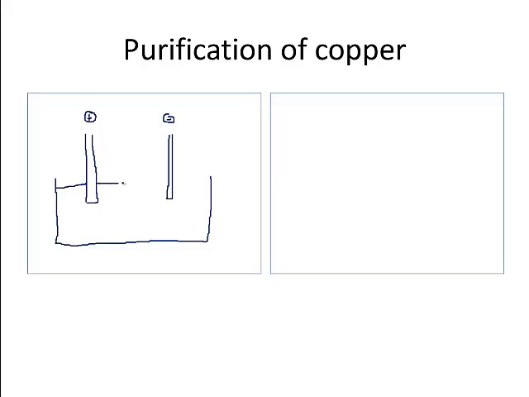Each of these is made of copper, however the cathode is made of pure copper. And the anode is made of impure copper. Here you've got an electrolyte, most often it's copper sulfate solution.